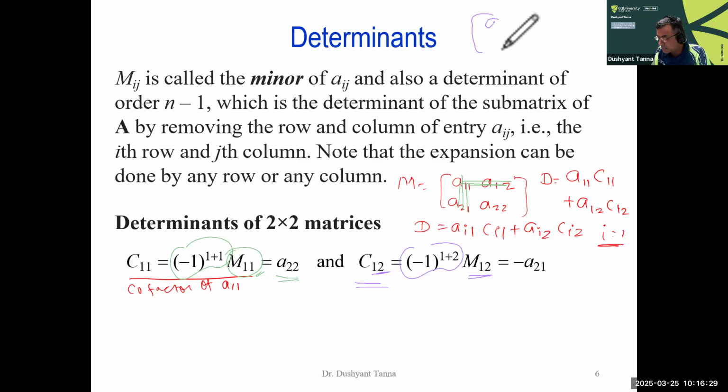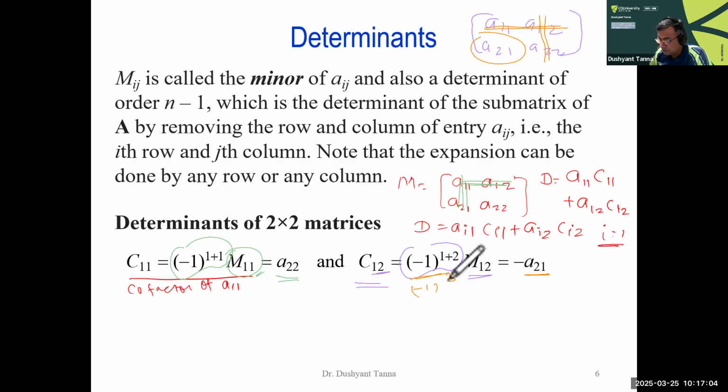I'll write it here again: A11, A12, A21. When I'm talking about the minor of A12, I will eliminate the first row, second column, everything containing A12. What is left over is A21. Where does this minus come from? Because here it is minus 1 power 3, minus 1 power odd, right? That will give you a minus.